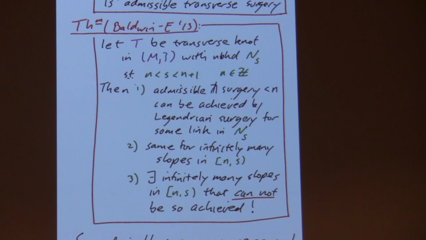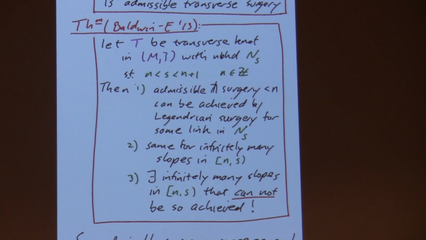You wouldn't want to do that anyway, but you might hope to do that, and in some cases you can, but we actually have examples where you can't do even that. So there are admissible transverse surgeries that cannot be realized by any Legendrian surgeries whatsoever. So basically these two theorems together show you that in some sense these admissible transverse surgeries are much more general than Legendrian surgery. So if you're trying to construct things, that's a plus, right? You have more flexibility, you can do more things.